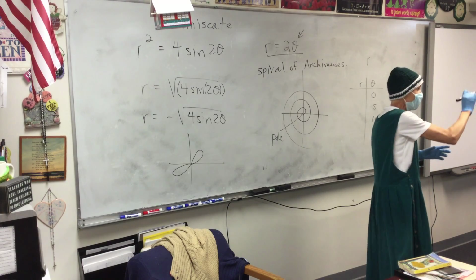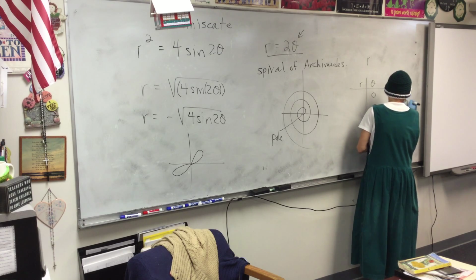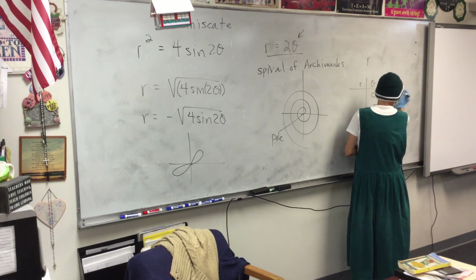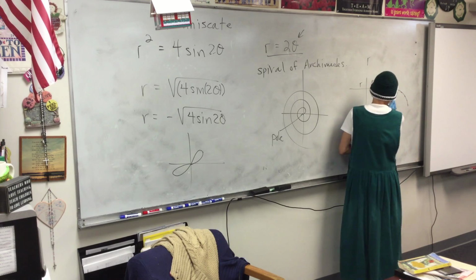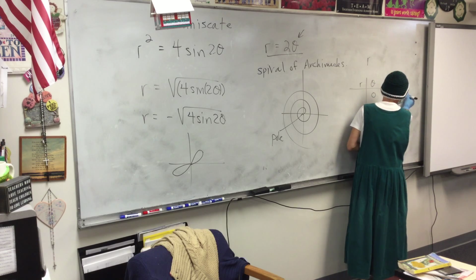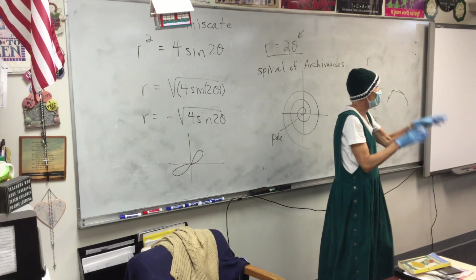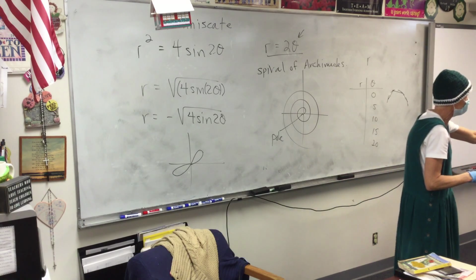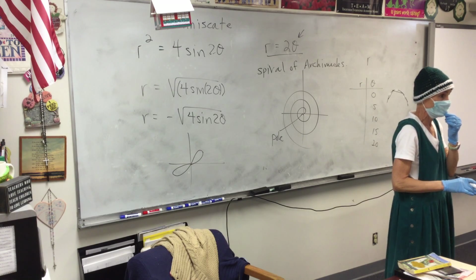If they're all close together and you connect them, you get that nice round arc, right? But what if I took out every other point? Now when I connect them, it's jagged. So the fewer points you plot, the more jagged and inaccurate your picture is going to be.